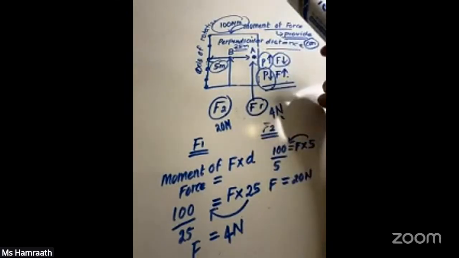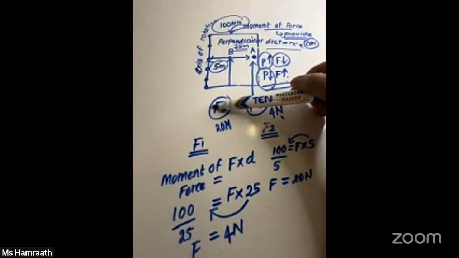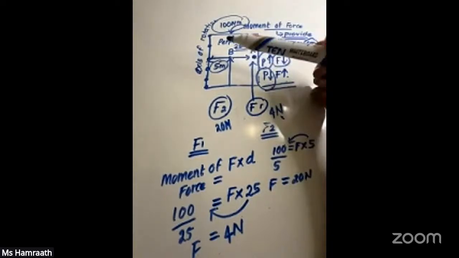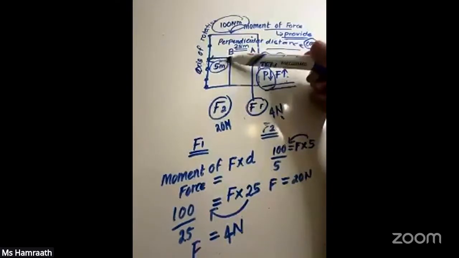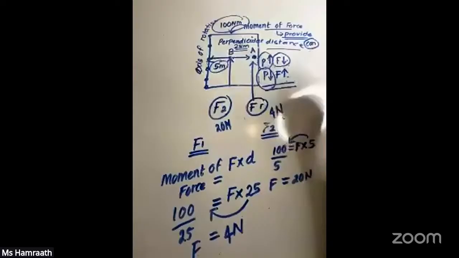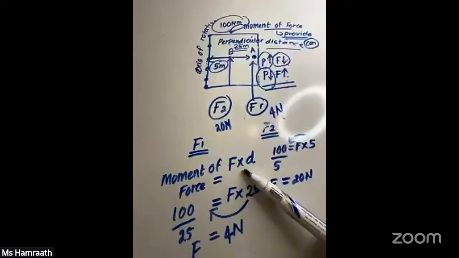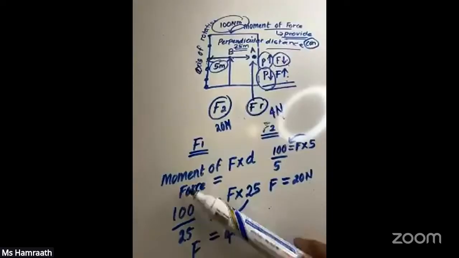So what is our task? Our task is to find the amount of force applied at point A as well as at point B. So what did I do? I took force 1 and wrote the equation: moment of force is equal to force into distance. Take the 25 to the other side and divide.